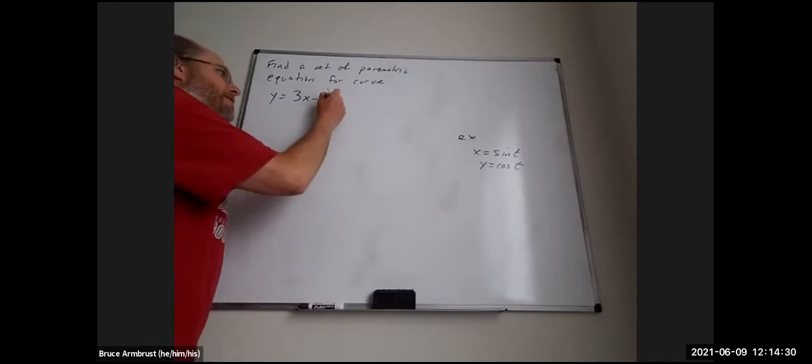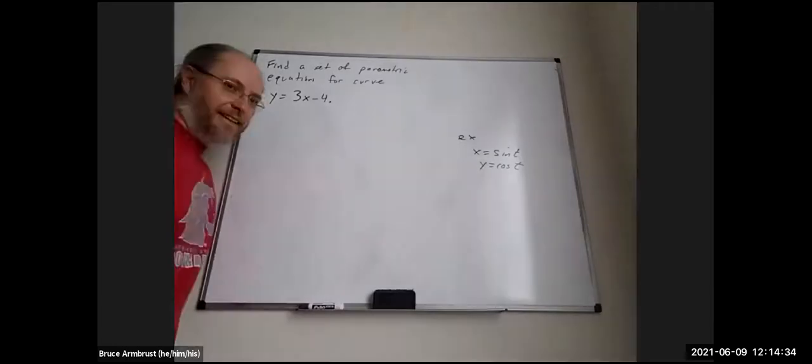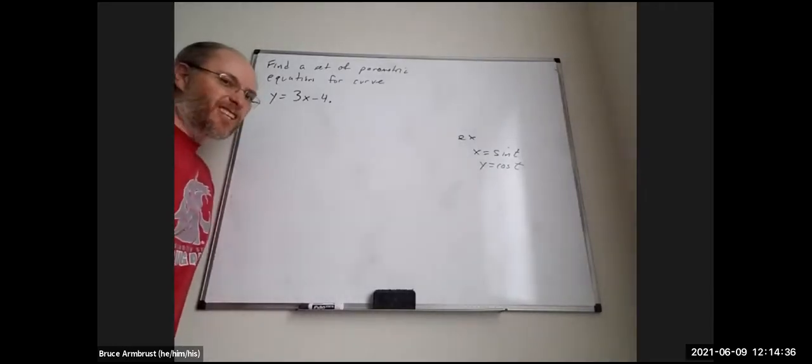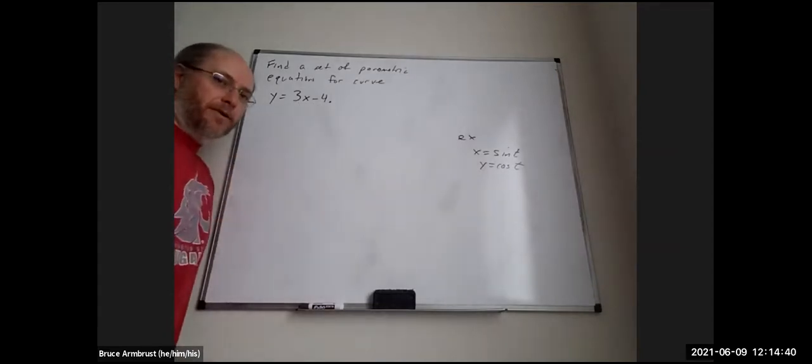So you all know what that looks like. It's a line, slope of 3, y-intercept of -4.